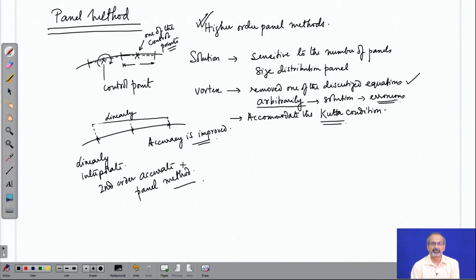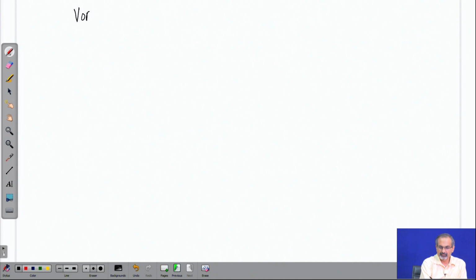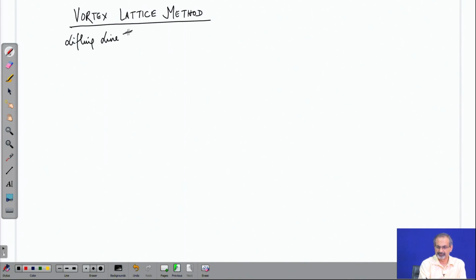So, this is more or less where we end the panel method, the panel technique, and now we move on to discuss a technique which will help us to solve potential flow past 3-dimensional wings. We will discuss about the vortex lattice method. So, we have learnt about the lifting line theory, and we remember that it works pretty well for slender wings.